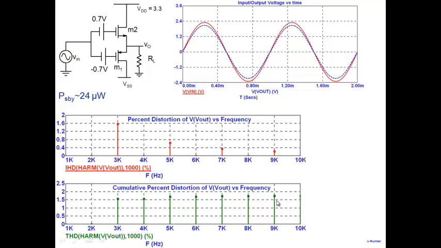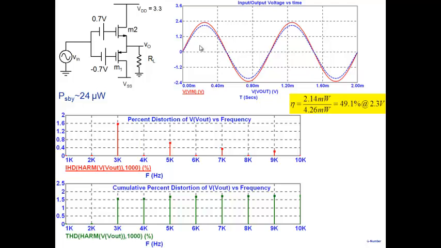But what is the price that I pay? Because I put 0.7 and minus 0.7, there is a standby power. Threshold doesn't mean 0 current; threshold means that there is a current. So I have a standby power, which I've written here as 24 microwatts. And if I calculate efficiency, it is 49.1%. Efficiency is not that high, 78%, because I'm driving it only till about 2.4.